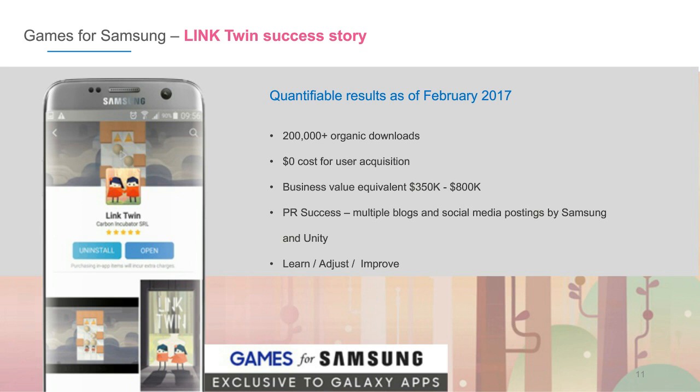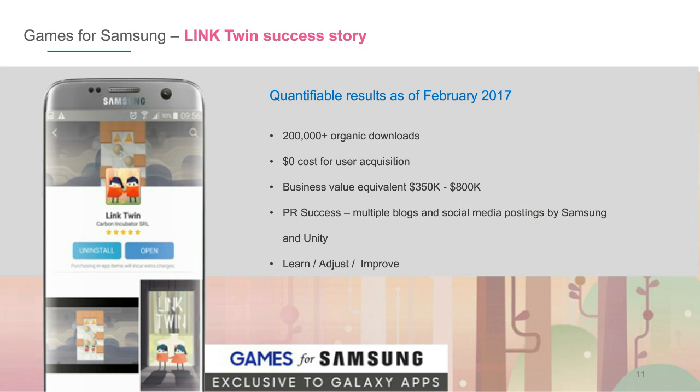Obviously, all these downloads have been delivered organically at no cost, and if we use the math, the 200,000 organic downloads can be translated into business value of between 350 and 800,000 marketing dollars. I just used the standard CPI, cost per install, to come up with these numbers.